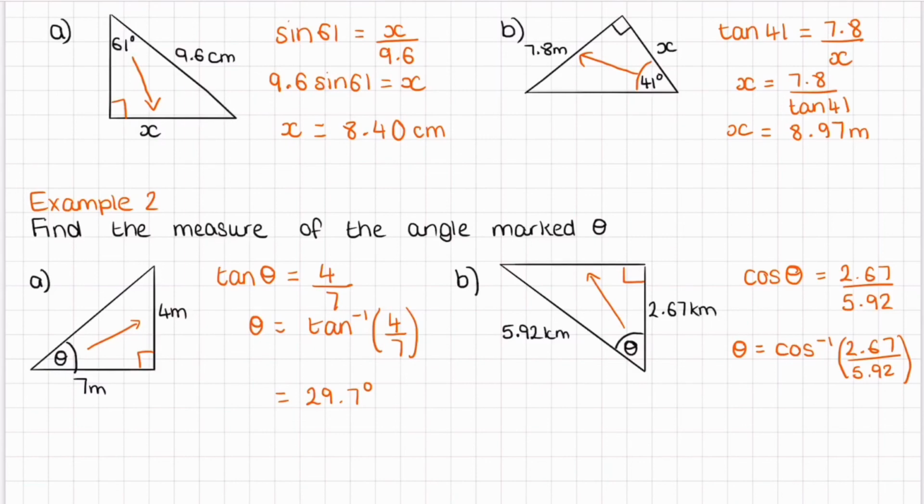So I would leave your fraction as it is, just like I've written there, and then put that whole thing in your calculator, and you'll get 63.2 degrees. You round only in the final answer, and then you won't make any mistakes, and you won't lose any silly marks because you've rounded too early.